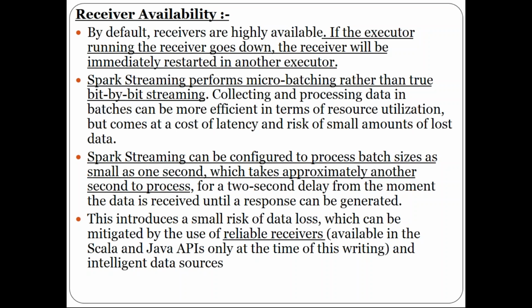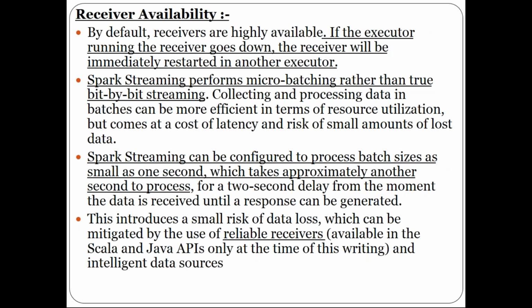This is because it will be much faster. However, you have performance issues. You need the best configuration to make sure it works well. On top of it, when Spark streaming is configured to process batch sizes as small as 1 second, it has a 2-second delay from the moment data is received.